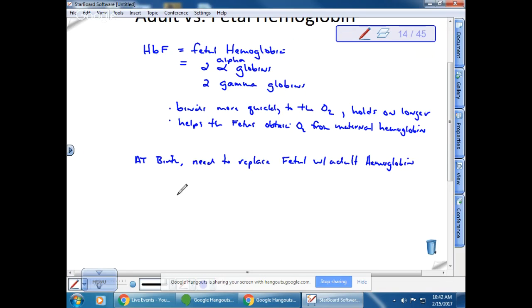So when we break down red blood cells, we break down hemoglobin. This is called hemolysis. Right, so the breaking down of hemoglobin. And a byproduct of this is a pigment called bilirubin.